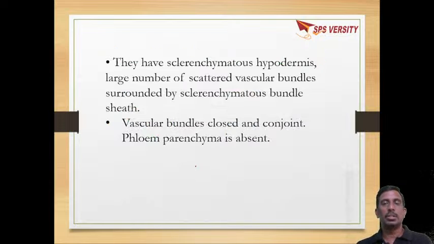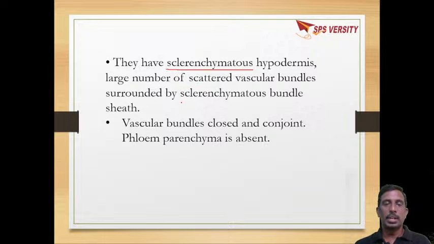The differences: epidermis रहता है, लेकिन epidermis में stomata के guard cells are dumbbell shaped. Hypodermis is made up of sclerenchyma. और dicot stem में hypodermis में collenchyma रहता. सो इसमें endodermis, pericycle, stele ऐसा terms नहीं रहता. So directly vascular bundles are present in the ground tissue.